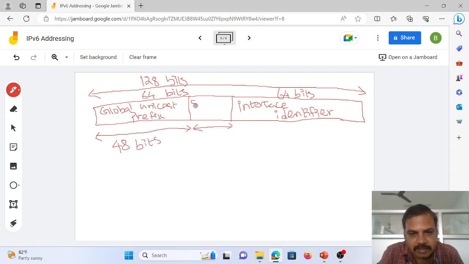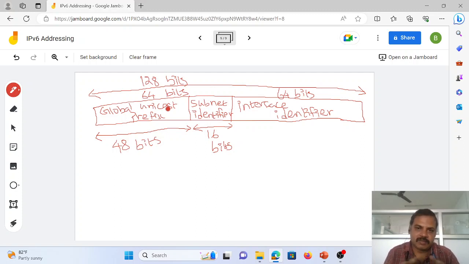The second division is called the subnet identifier. Subnet identifier is 16 bits. So 48 plus 16, 64 bits.